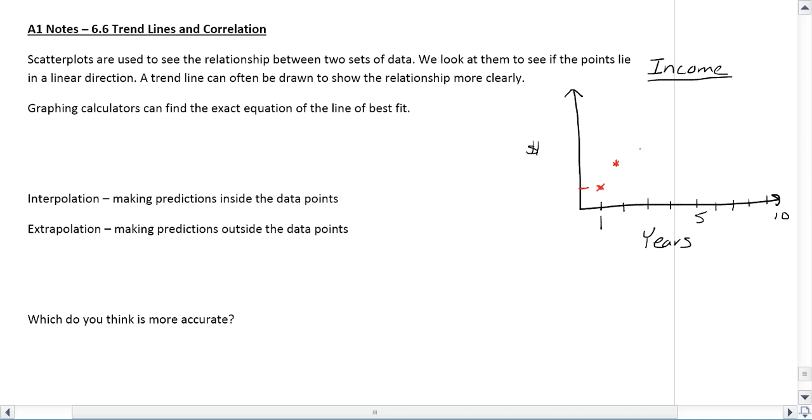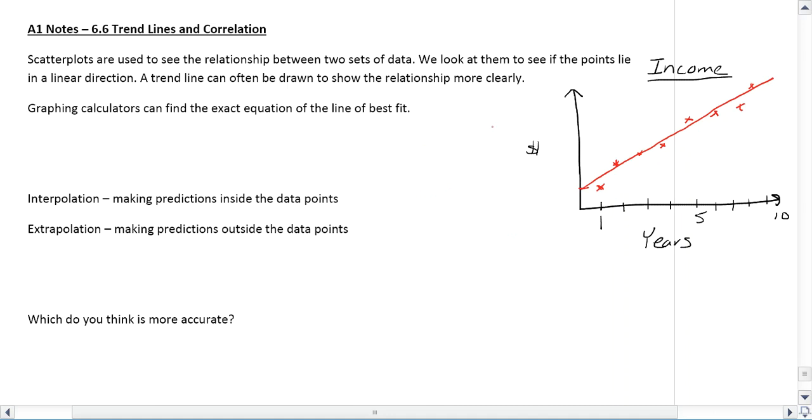And then the raises were a little smaller over the next few years. But once you hit year 5, you got a pretty nice raise, and so on like this. So sort of linear. Well, definitely linear, but not absolutely perfect. If we drew in the line, it would not touch every single point, but clearly this relationship is linear.